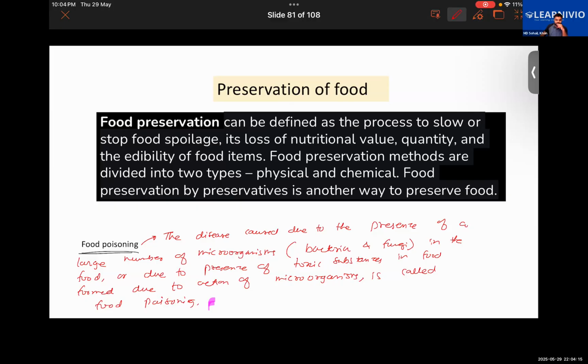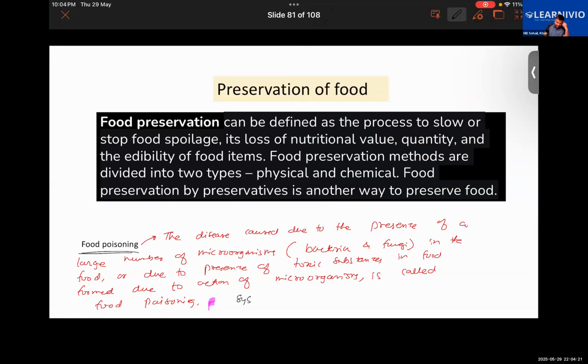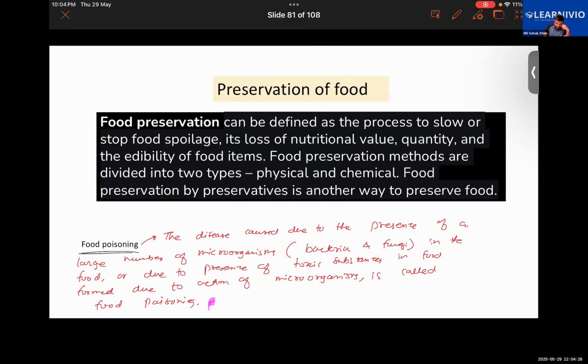Next, we are going to learn about the food preservation methods. Now also one more thing. What are the symptoms of it? If a person has suffered from food poisoning, he'd be having the following symptoms like vomiting, diarrhea, fever, abdomen pain, etc. Now, there are some examples of bacteria which are commonly known for causing food poisoning.